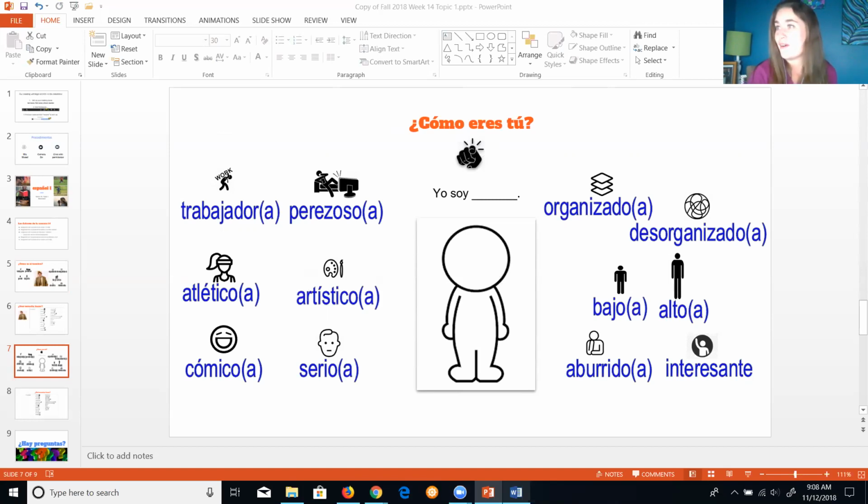Mariah is tall. Eli's athletic. Carmen's funny. Raven's short too, so is Brody. Haley's organized and funny. Very good. Keely's athletic. Clay is funny. Devin's short. Peyton's tall. Perfecto. Muy bien.